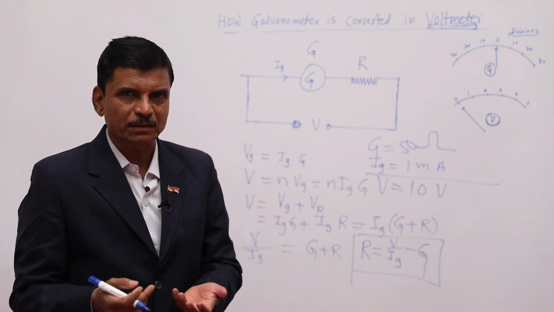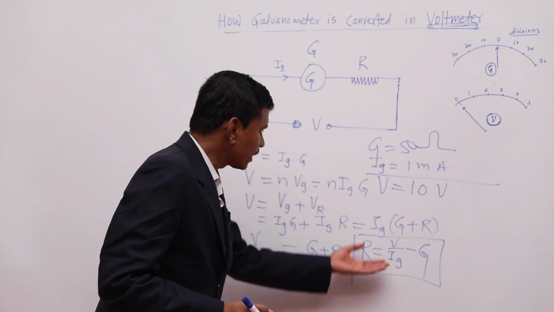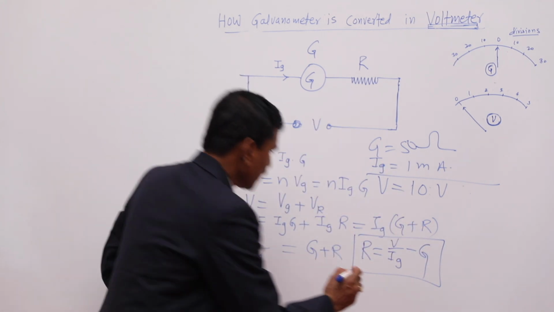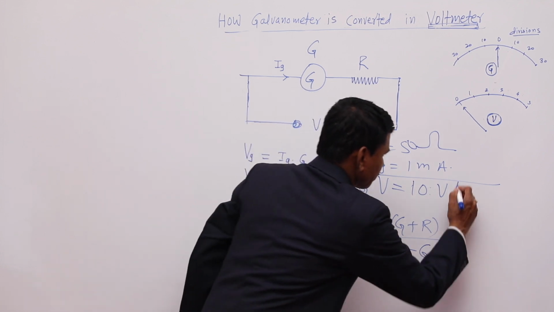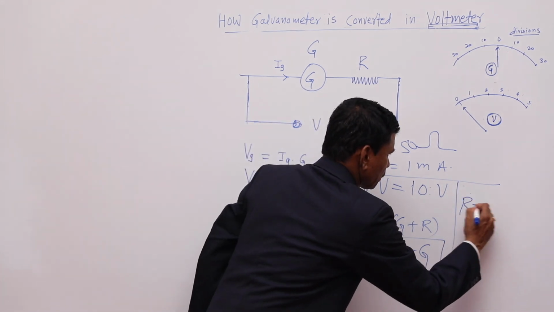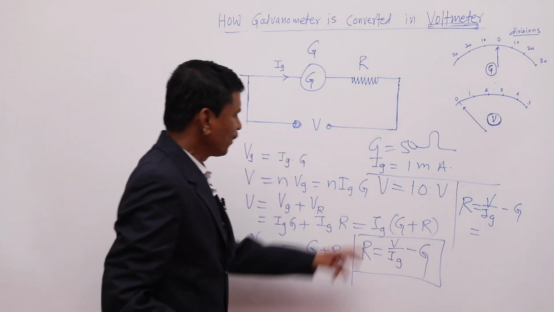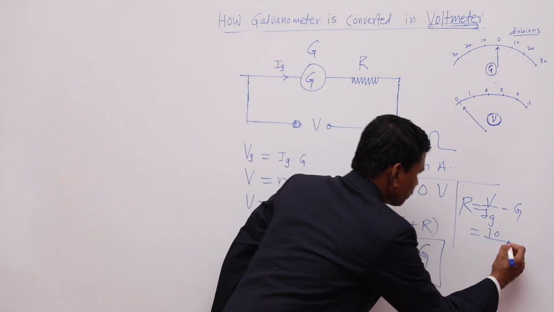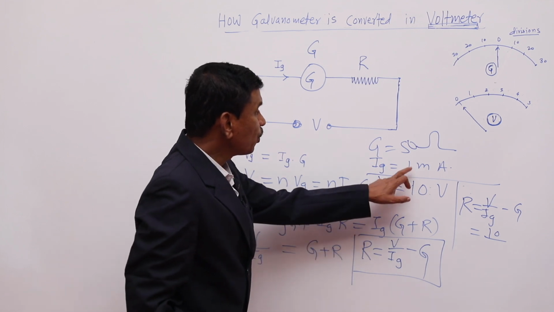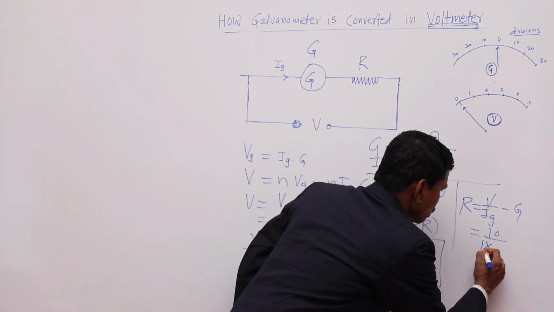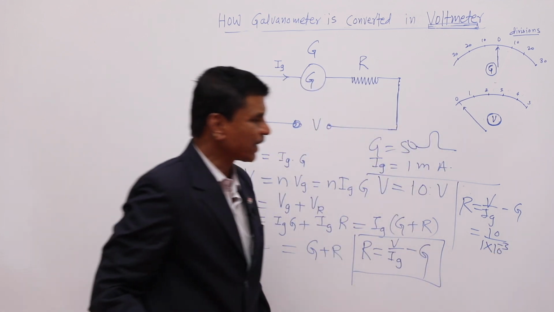That creates the voltmeter. How much resistance is required? V upon Ig minus G. So R is equal to V upon Ig minus G. V is 10 volt. What is the Ig value? 1 milliampere. That should be converted into ampere.